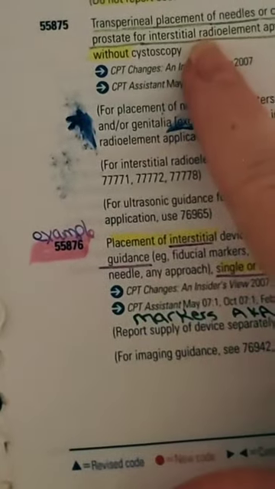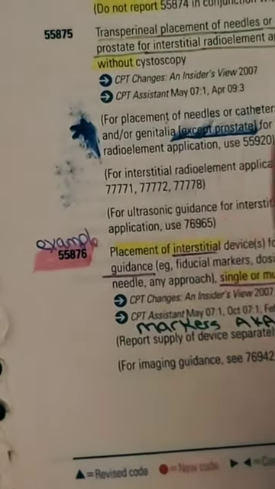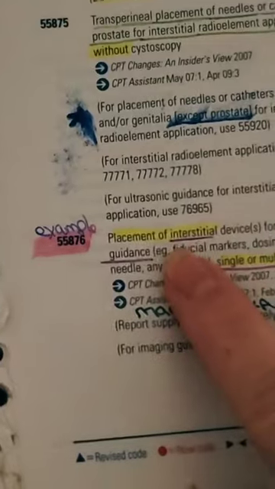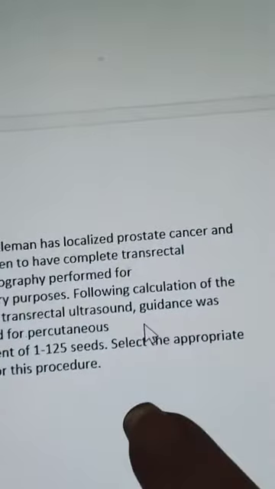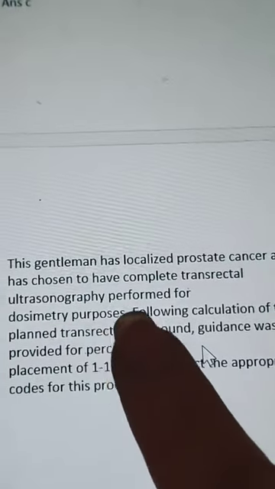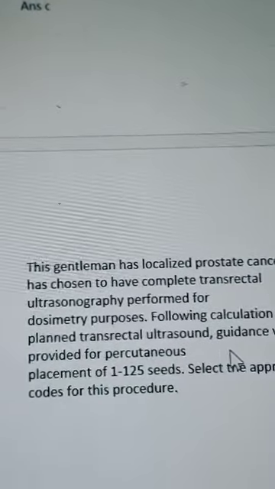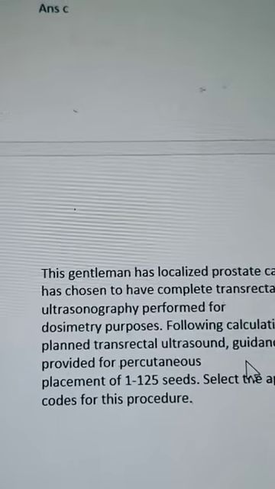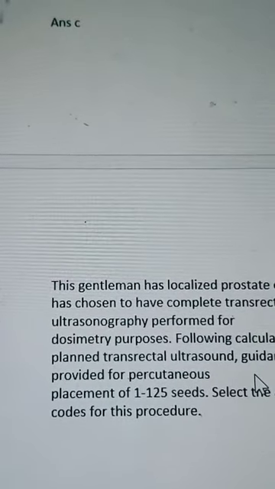That's still the device, but this is without a cystoscope. Transperitoneal, and this is placement. We are doing a transperitoneal placement of needles and catheters with ultrasound. And we have ultrasound performed. The other two will not. The 76942 won't be ultrasound.